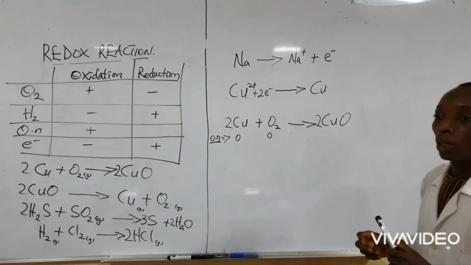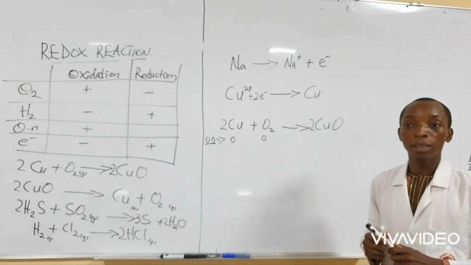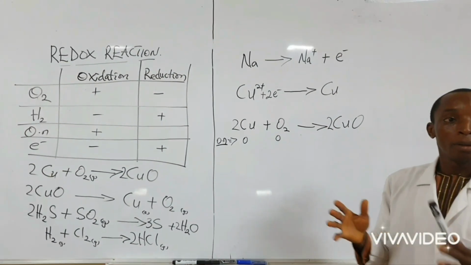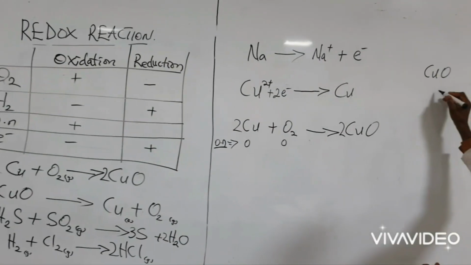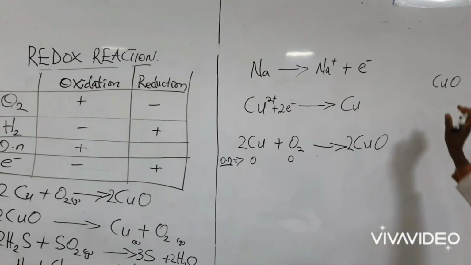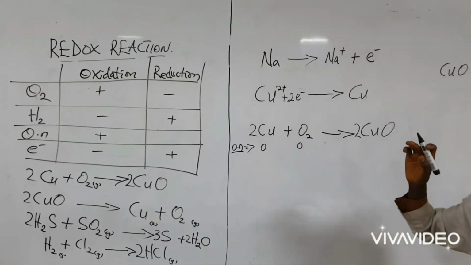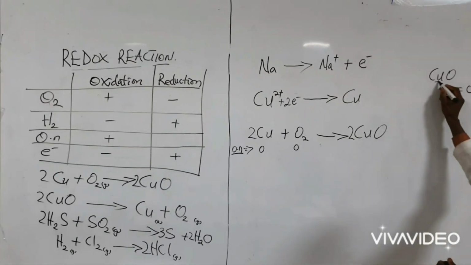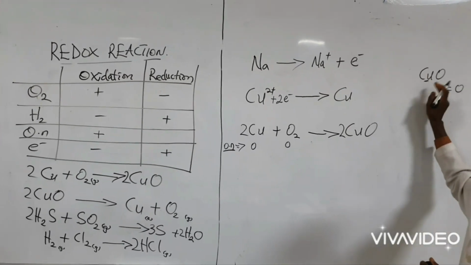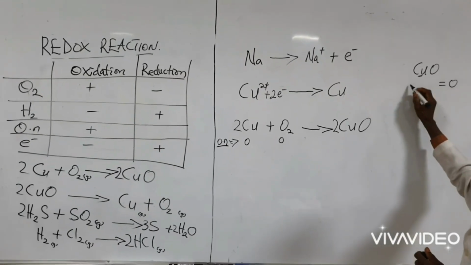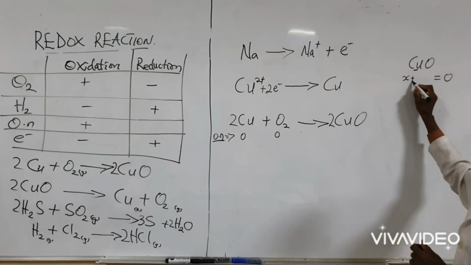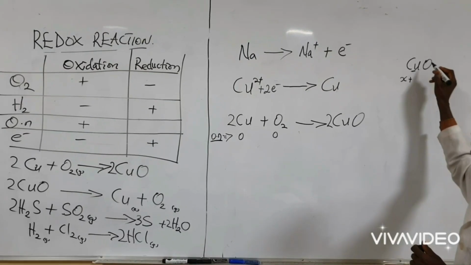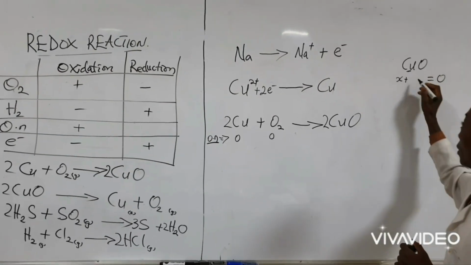Now, coming here, if you remember in our last class, we calculated how we do oxides. We said this is a compound that is not charged. Therefore, its oxidation state is equal to 0. We are looking for the oxidation state of copper in copper 2 oxide. That means this is X plus, from our last class, oxidation state of oxygen is -2.